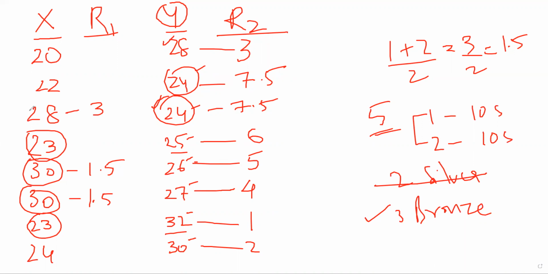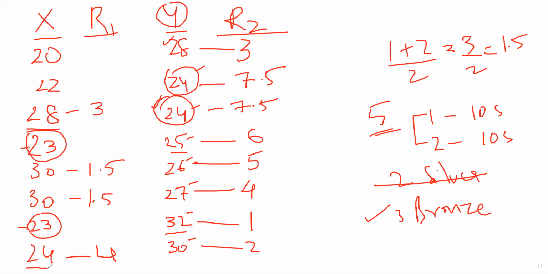Now, the next highest value after 28 is 24. This will be ranked 4. The next highest value is 23. Again, if you see my 5th and 6th value, both of them are the same. Up to 4 the data is fine. First and second values were the same, so I put 1.5, 1.5. Second rank does not come. Third rank is given to 28.